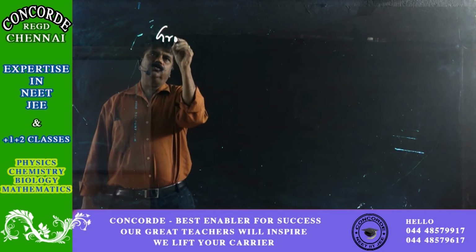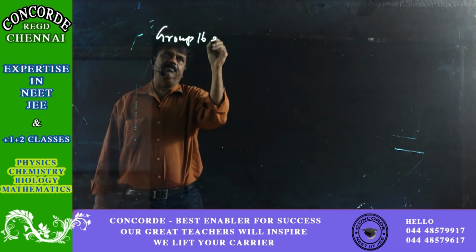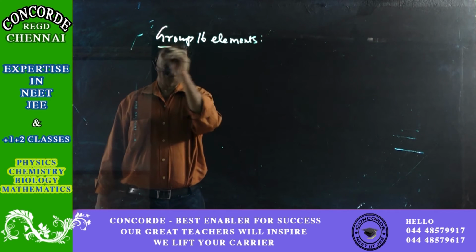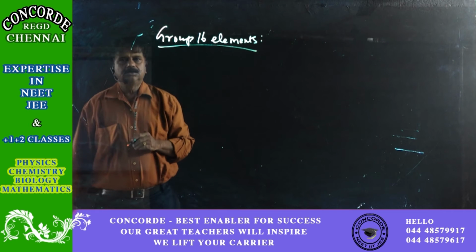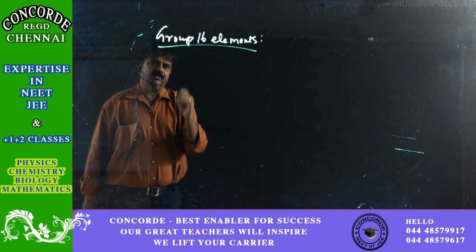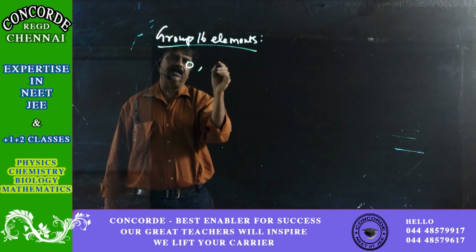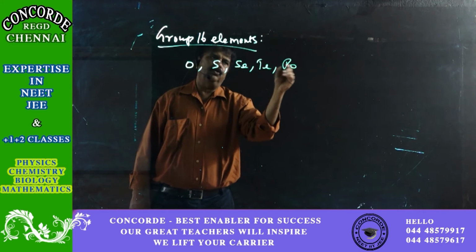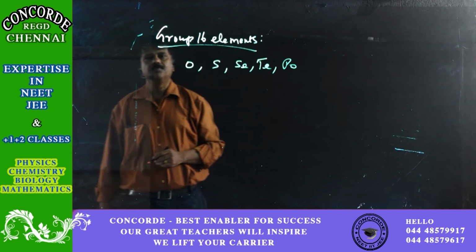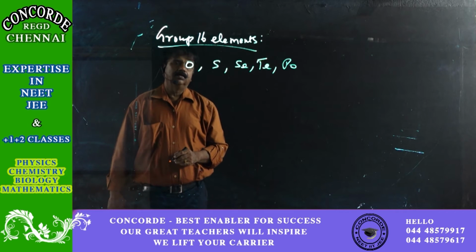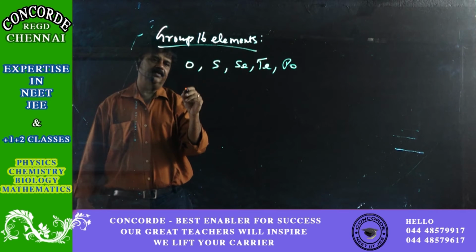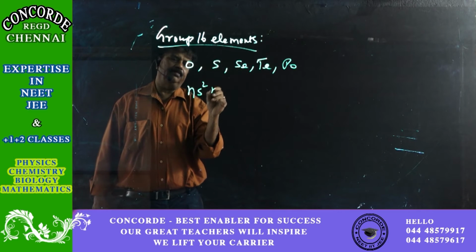We go to group 16 elements. Group 16 elements are oxygen, sulfur, selenium, tellurium, and polonium. They have a general configuration of ns2np4.